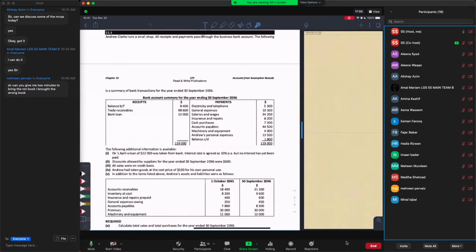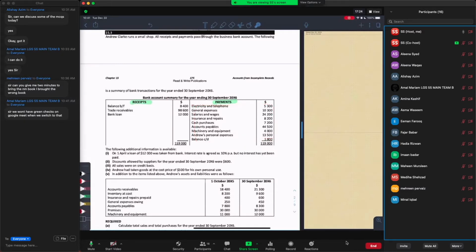So what are we given in a nutshell? We have a summary of the bank account. That means what we received and what we have paid during this financial year. So all of these are what you recovered from your different sources, and where these sources were applied.